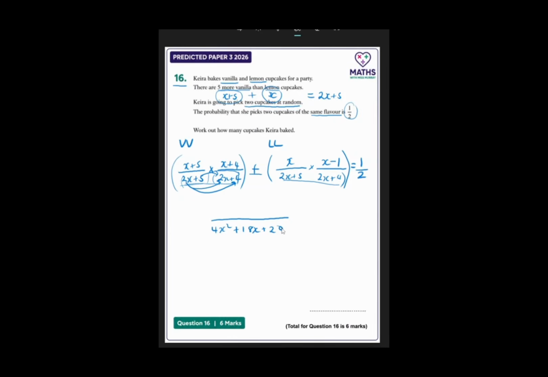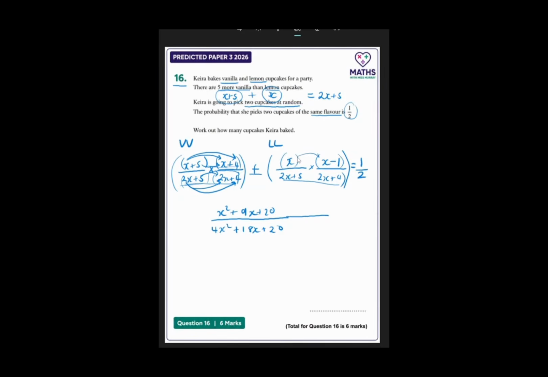So now let's work out the top. So I'm going to have to multiply these as well. So it's like having a double bracket. So I'm going to do x times x, which is x squared, and then x times 4 is 4x, x times 5 is 5x. If we add those together, we get 9x, and then 5 times 4 is 20. And now I'm going to do the numerator here.